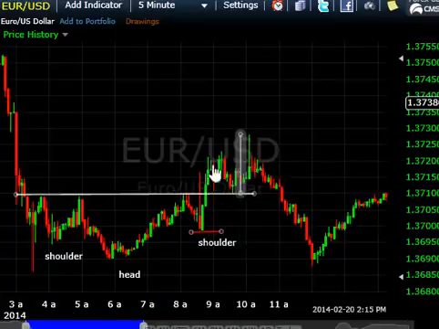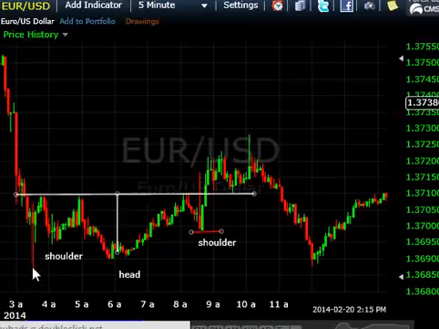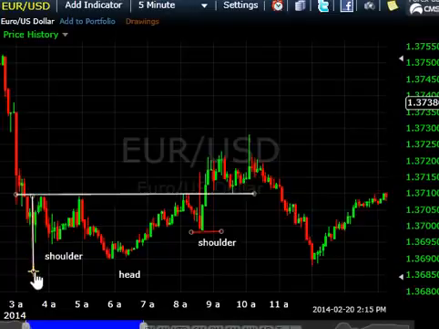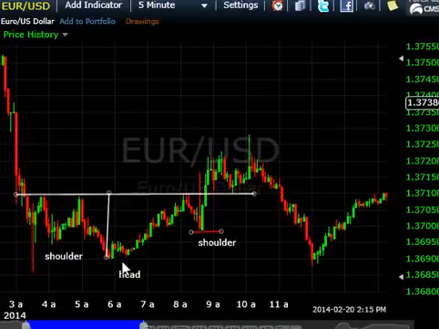And our target, again, we want to use the most relevant portion. So we don't want to use this. We could use this right shoulder as the high point, but you notice that'll make our target slightly bigger. And if you look at this, this mostly looks news related or something like that, whereas this section of the pattern is much more stable, probably a lot more traders involved in this.